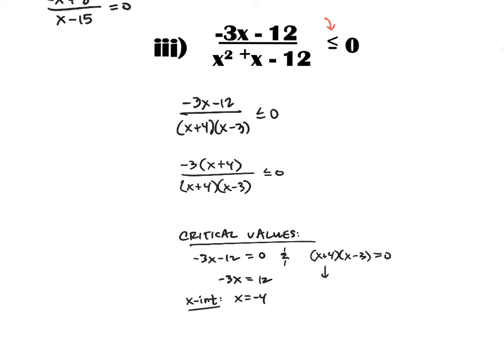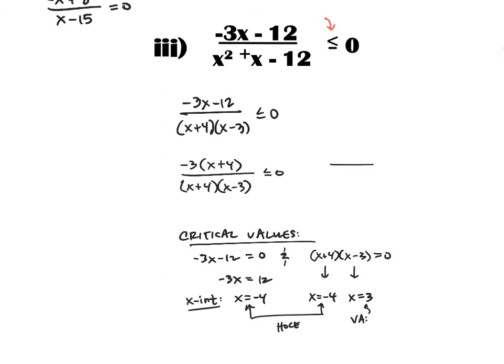Well, that's not true. The reason why is because I also have a discontinuity, right? An issue at x equals negative 4 and x equals 3. So you might think, oh, I've got a vertical asymptote at both of these. Well, you have a vertical asymptote at x equals 3, but because this factor shows up in the numerator and denominator, that's actually a hole.